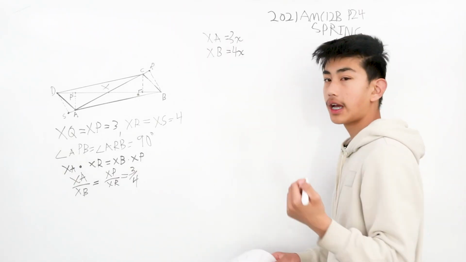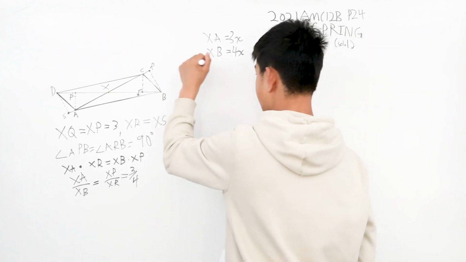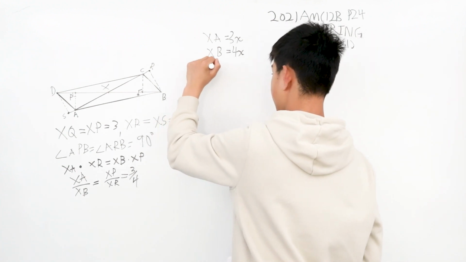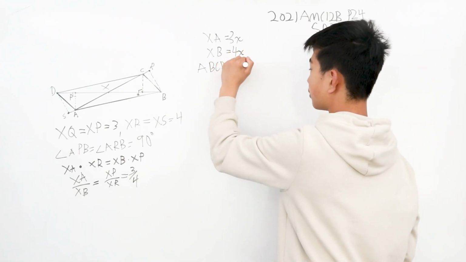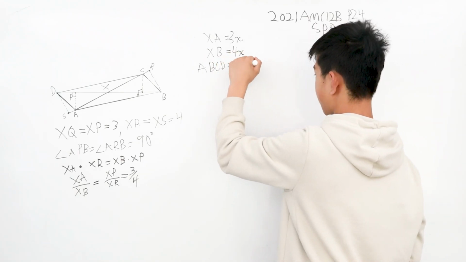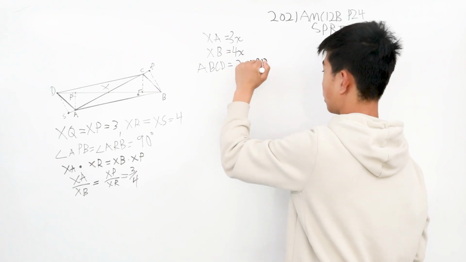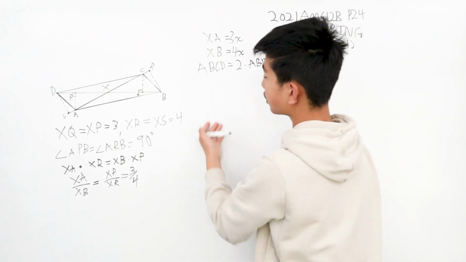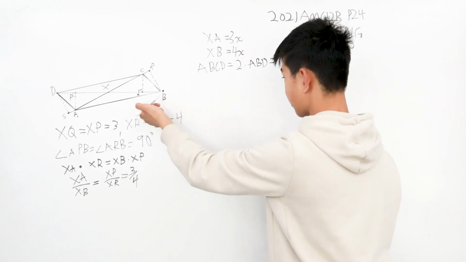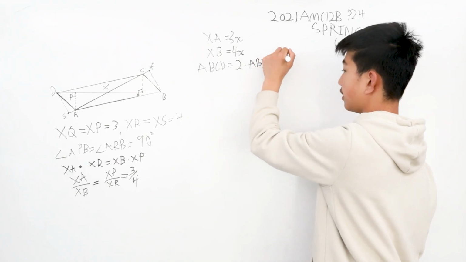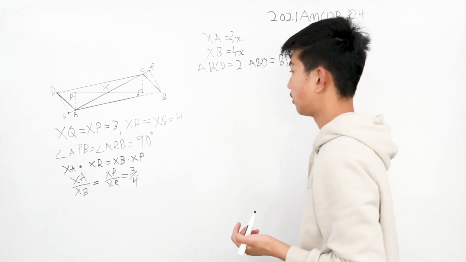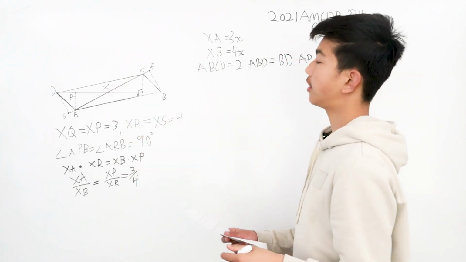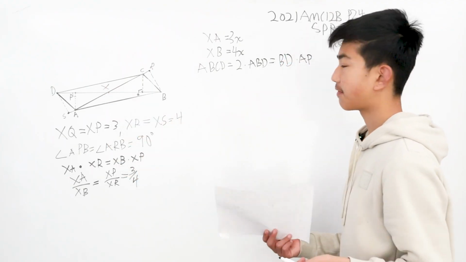Because the total area of ABCD is simply equal to 2 times triangle ABD, which you can break down further into BD times AP, to get a rectangle.